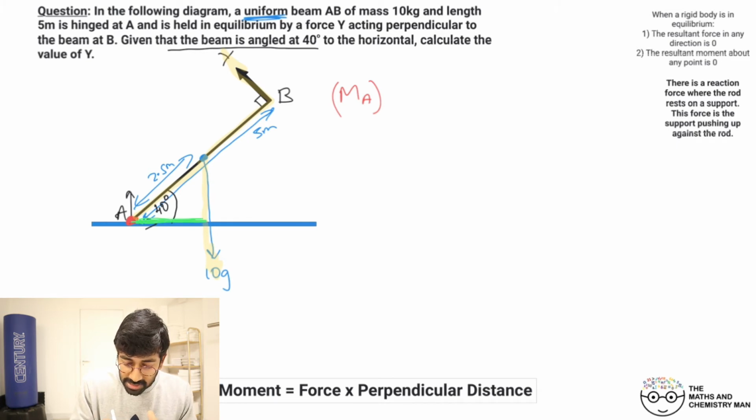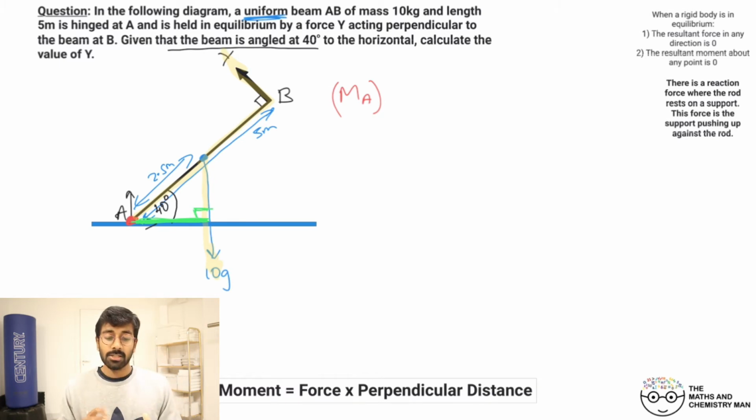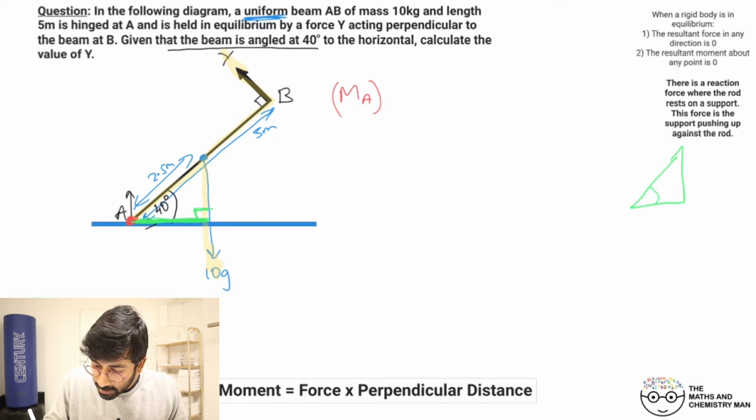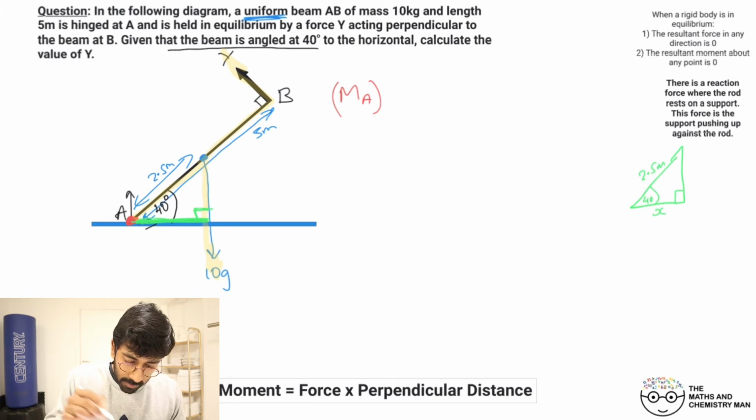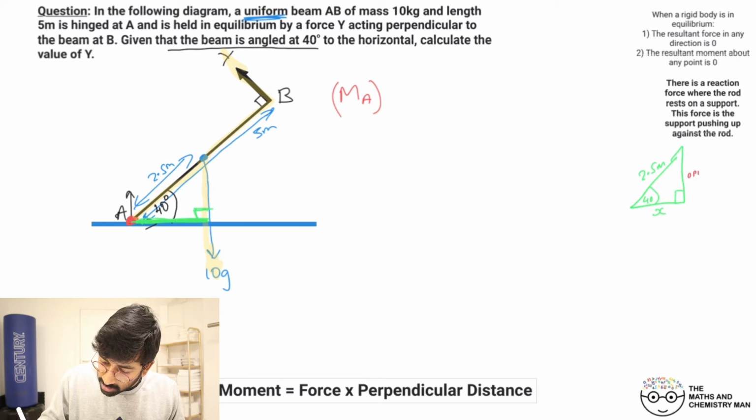So we need to find this distance down the bottom of that triangle, because that there is the perpendicular distance to the force 10g. So maybe let's create a little triangle outside of that. Let's do it in the corner over here. And we know this is 40. We're looking for this, and we know the length of the hypotenuse is 2.5 meters. So if we label this, that's our opposite. This is our adjacent, and this is in fact the hypotenuse.